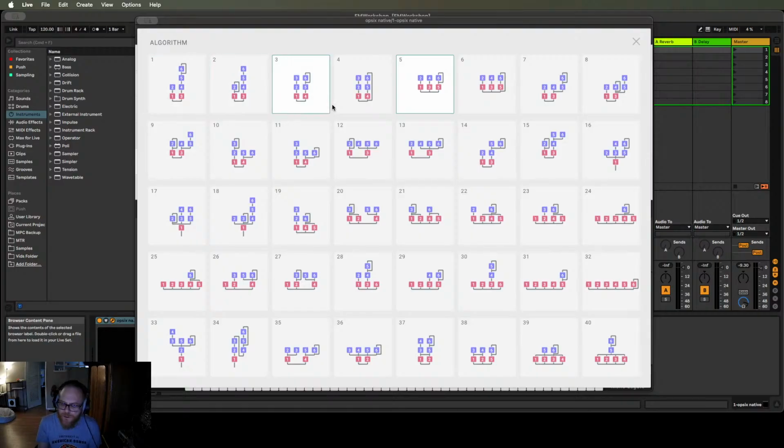And that's another thing I should mention: I wouldn't try to memorize algorithms. There's just not that much utility in memorizing all 32 algorithms and what they're supposedly for or what they do.